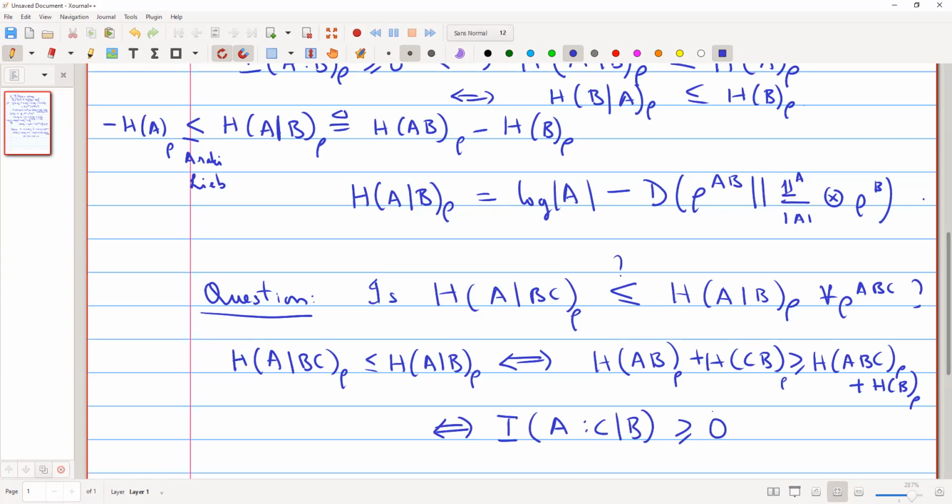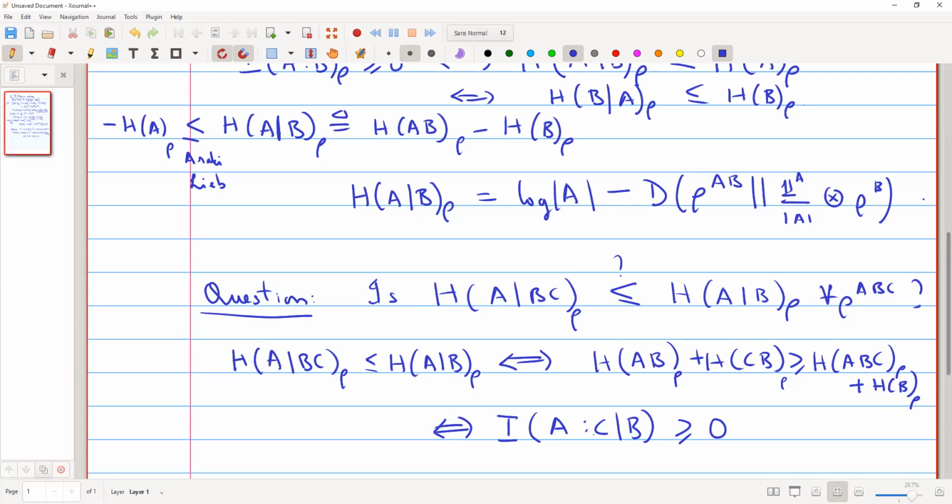Classically, we know how to define this conditional mutual information. One way to think about it is that I fix B to a sample point, some little b, in its sample space, and then I get the conditioned joint distribution on the system AC.